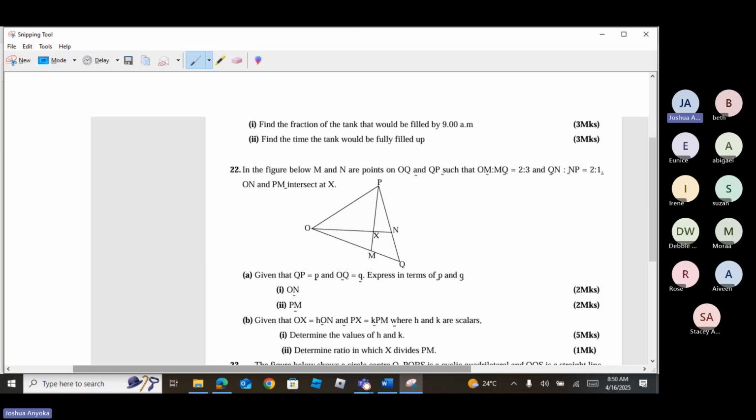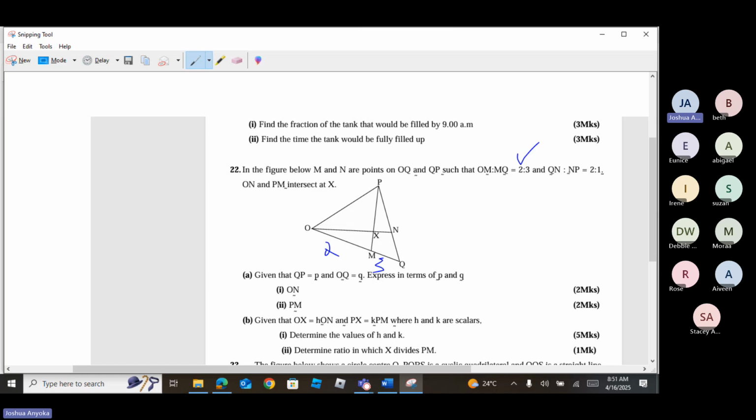So you locate O to M, 2 divisions, and MQ, 3 divisions. Don't look at proportionality by the use of our eyes. We simply work with the numbers we are given. So O to M is 2 divisions and M to Q 3 divisions.